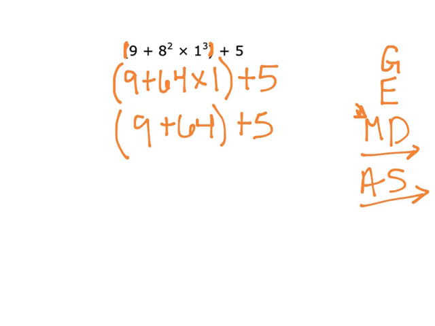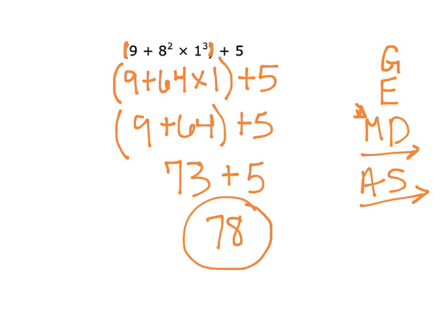And then finally I need to evaluate this addition problem within my parentheses. 9 plus 64 is 73. I can leave out the parentheses since that's the only number left. So I have 73 plus 5. 73 plus 5 gives me a total of 78, which I'm going to circle since it is my final answer.